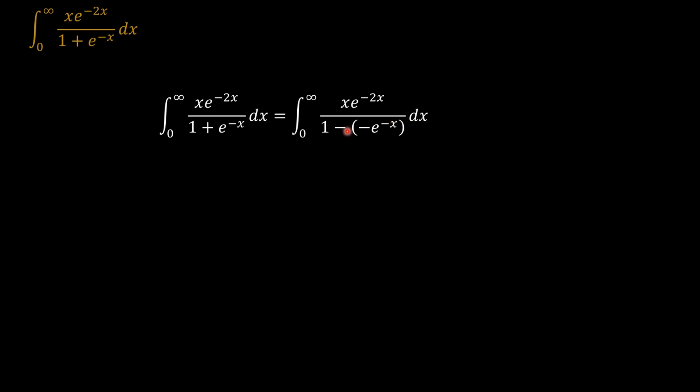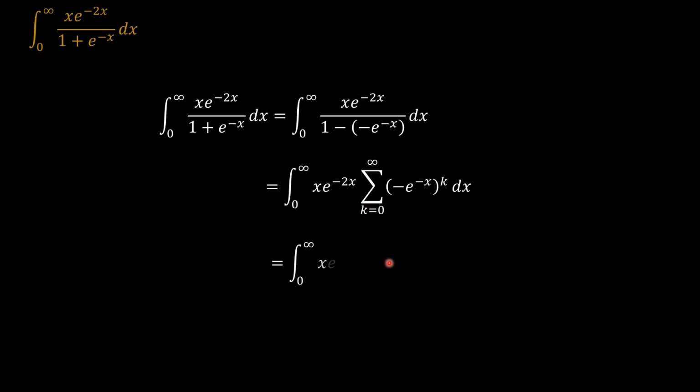So we have this term 1 over 1 minus (negative e to the power negative x) as a geometric progression to infinity, with negative e to the power negative x as the common ratio, and the initial term being 1. And so I could express this as that series, obviously keeping all the numerators as they are.